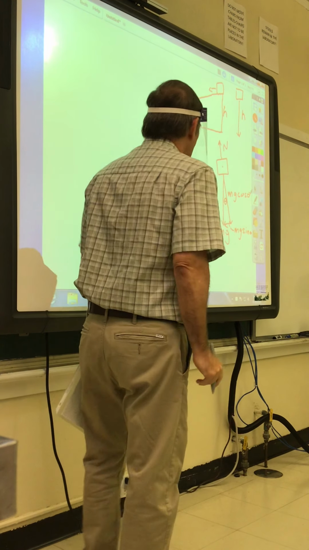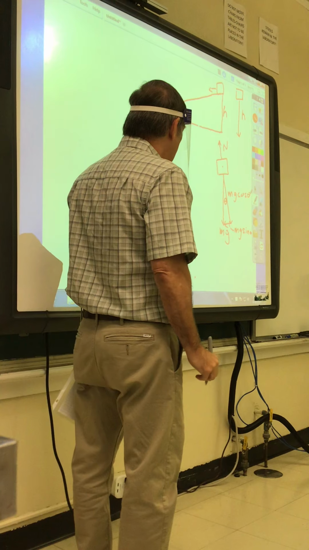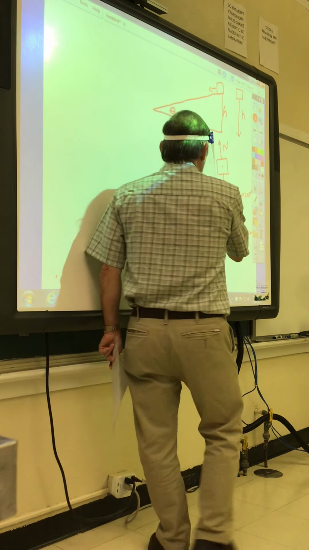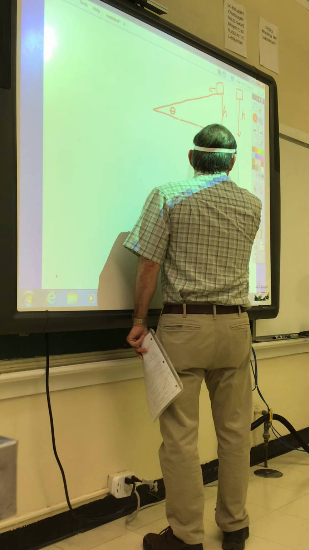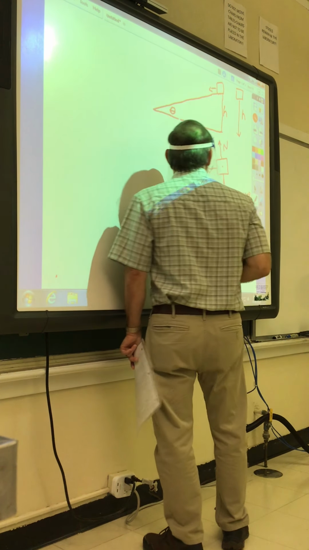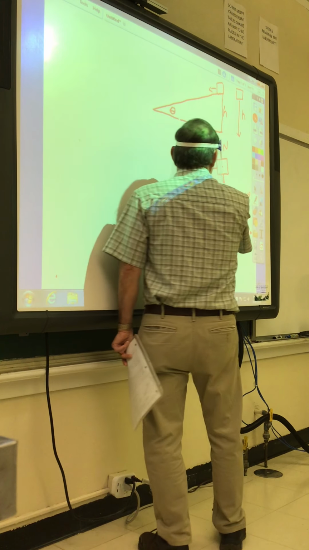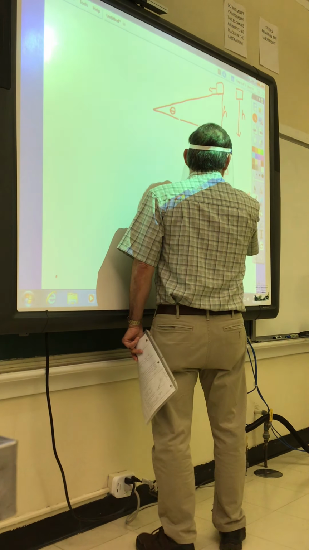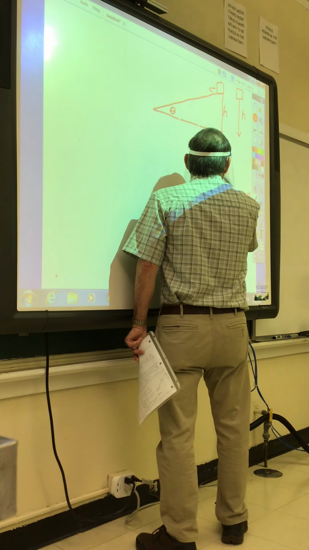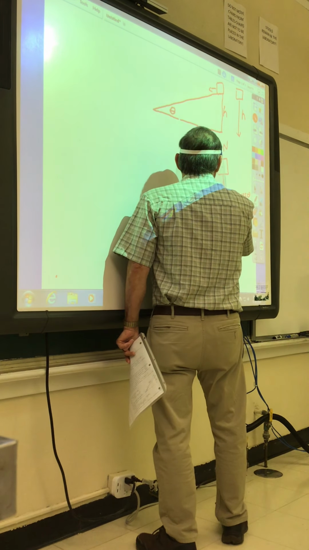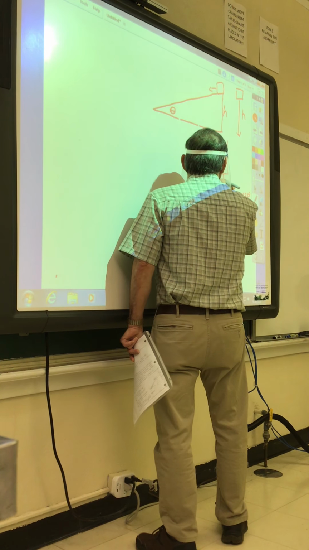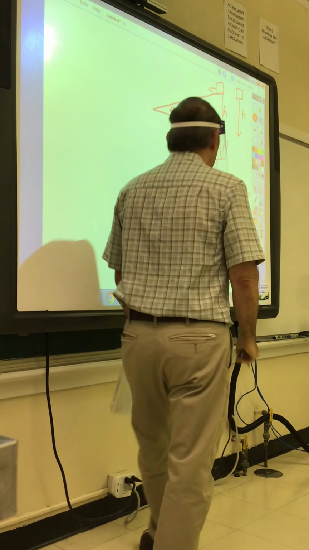Okay. So what are the forces acting on this particular object? Well, we've got this one here, which is mg sine theta.